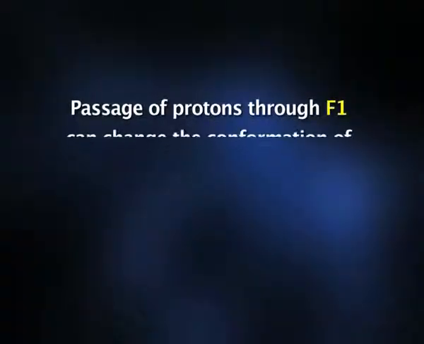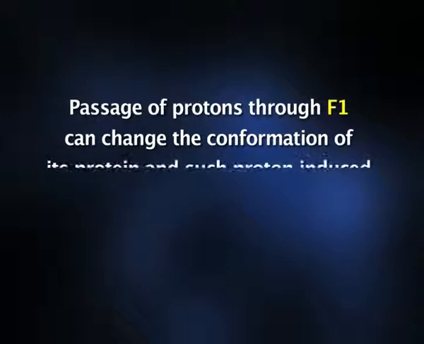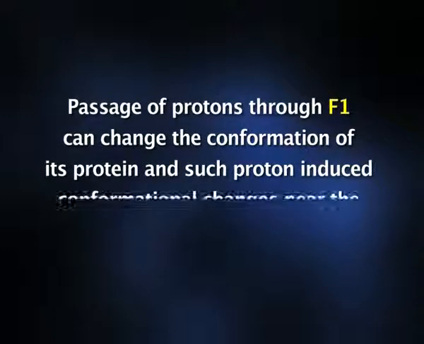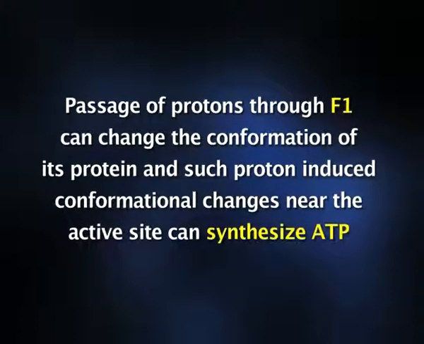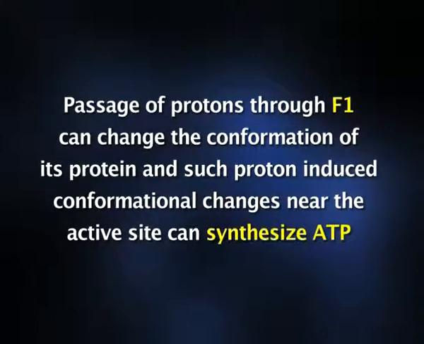Conformational changes in electron transfer proteins induce changes in ATP synthesizing protein components. They believe that passage of protons through F1 can change the conformation of its protein, and such proton-induced conformational changes near the active site can synthesize ATP.